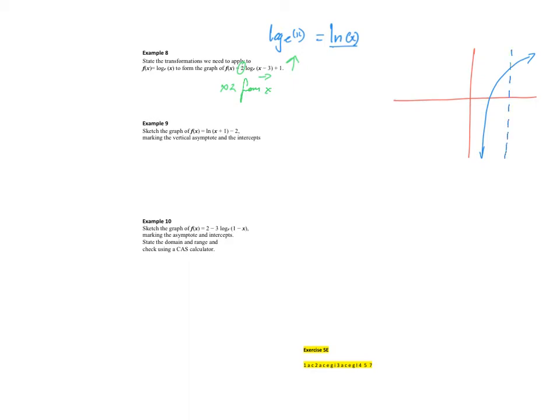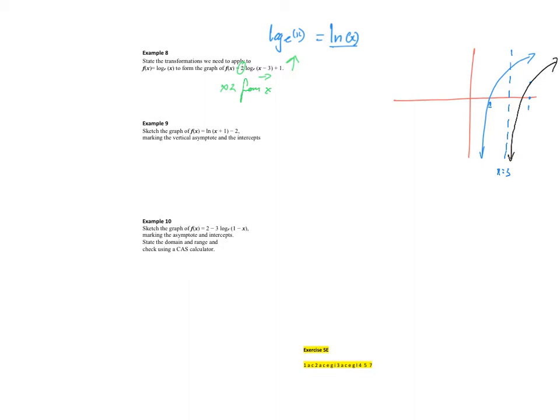So there's my vertical asymptote at x equals 3. That point there, which is normally at 1, is moved 3 units to the right, which would be there. The only thing is now the whole graph's moved up 1 unit. So my graph is going to look a little bit like that.